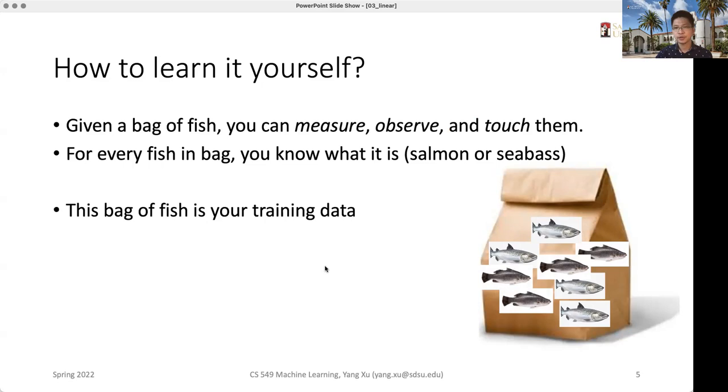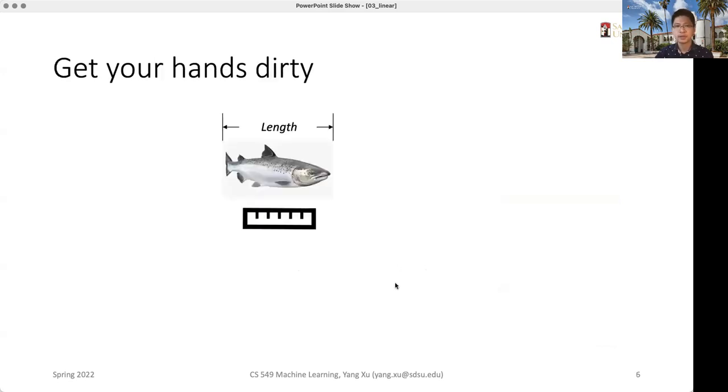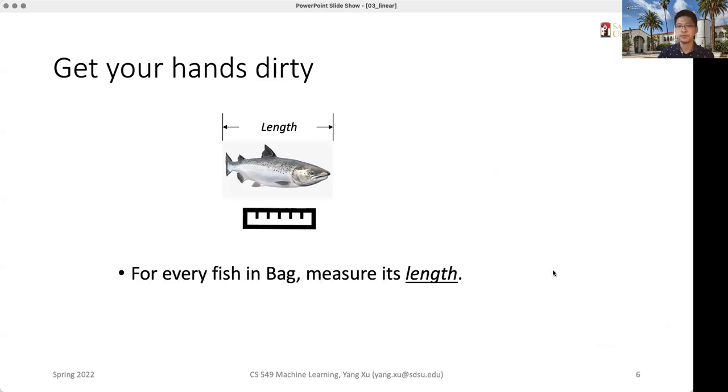Anyway, we have a bag of training data. What we need to do as a first step is to extract features from this bag of fish. A very simple example is to measure the length of it. Using a ruler, we can measure the length of each fish in the bag.